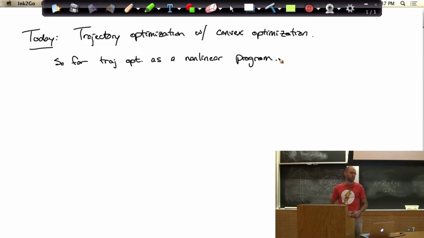It's great. It can handle nonlinear dynamics, underactuated dynamics. It can handle nonlinear, even non-convex constraints, right?